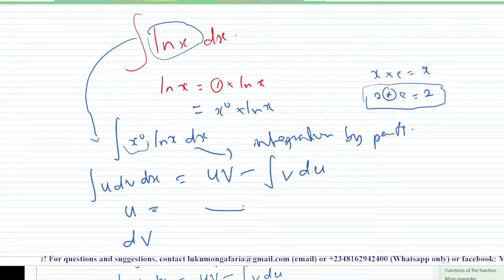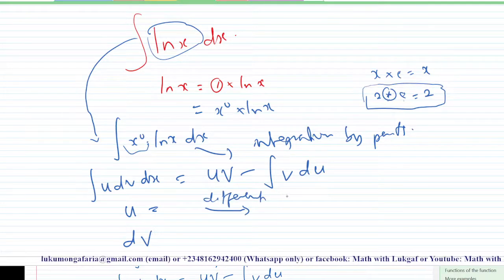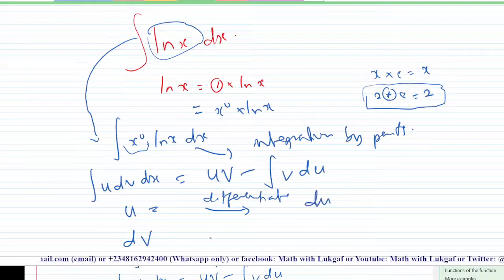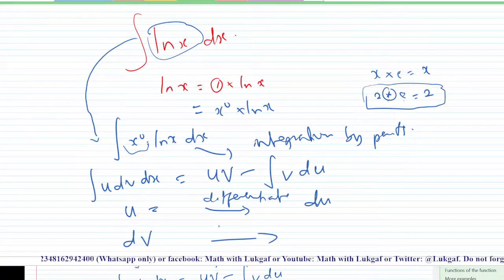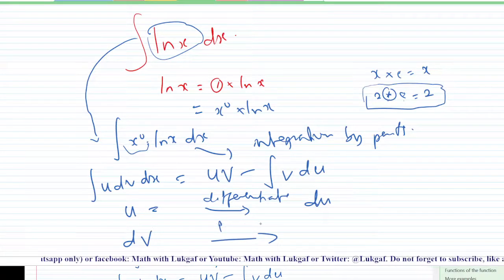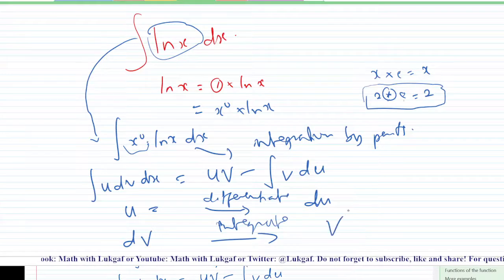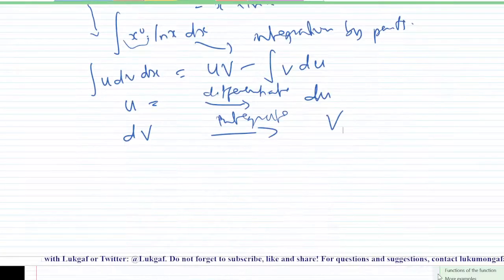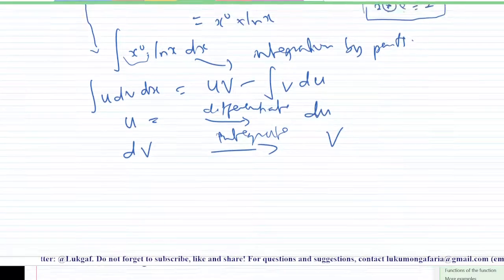The one you take for u, you differentiate to get du. The other you take for dv, you integrate to get v. Then immediately after that, you substitute into your formula. Okay, now let us check it out here.